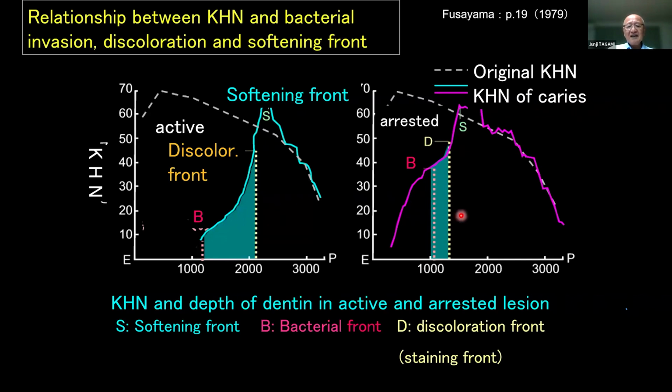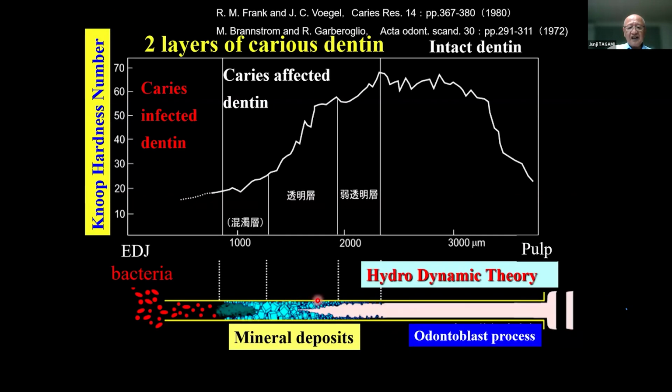So this is the summary of the caries removal technique of Dr. Takao Fusayama. And here, the tubules are opened without the crystal precipitation. That's why if we cut this intact dentin area, the patient feels the sensitivity because of the movement of the fluid in the tubules.